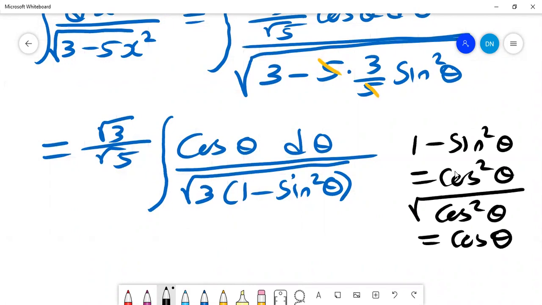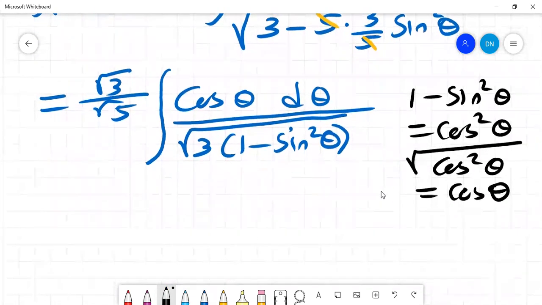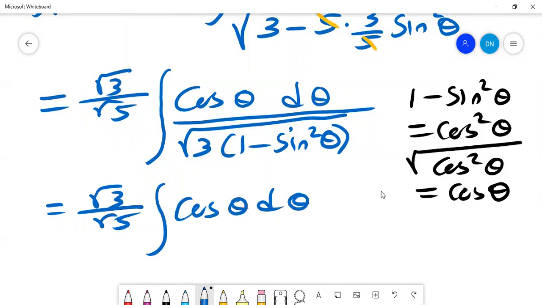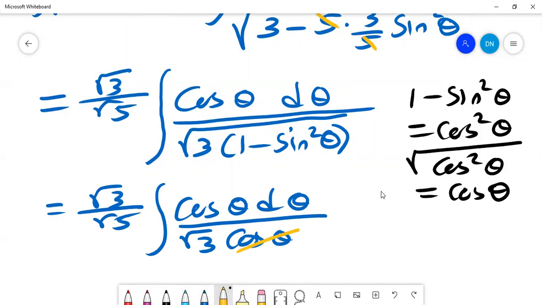So based on that knowledge, this becomes square root of 3, square root of 5, cos theta, d theta, all over root 3, cos theta. And therefore the cos theta and the cos theta will cancel out.